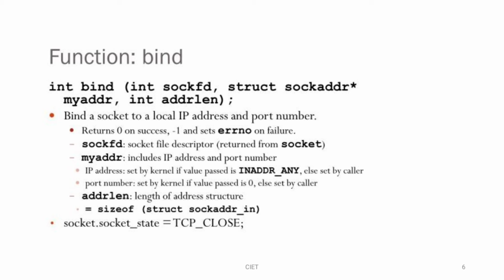After this, the socket_state is equal to TCP_CLOSE. Up to the bind, the TCP connection will be in the closed state. Socket creation and binding are done using the TCP protocol, and here the state is the TCP closed state.